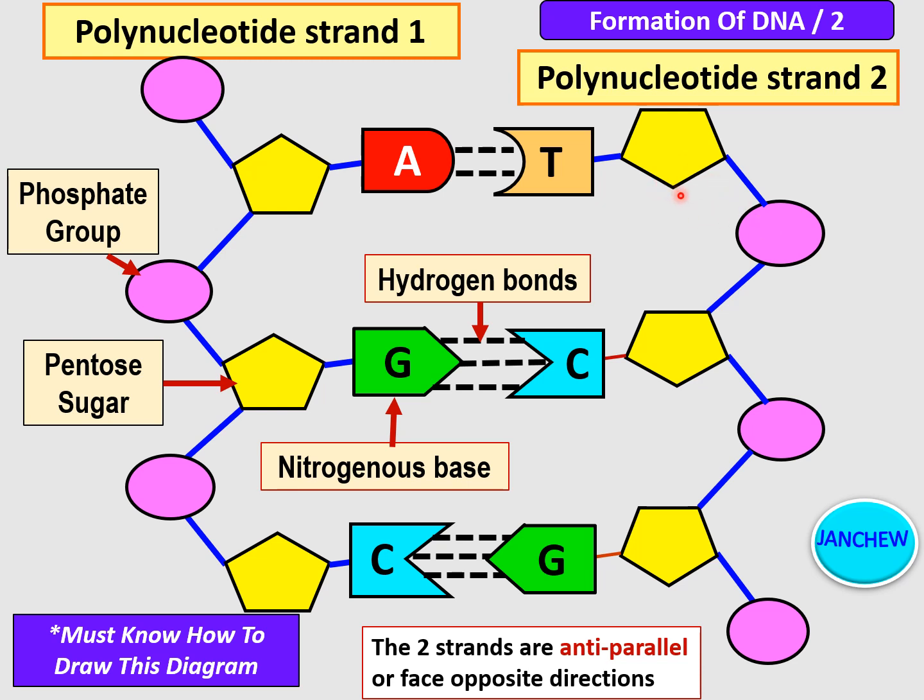Notice that the pentose sugar is pointing downwards on this side. The pointed end is pointing downwards, but for this side is pointing upwards. So we say that the two strands are parallel, but since one is pointing downwards and the other one pointing upwards, we call them anti-parallel. Okay, the two strands are anti-parallel. That means they run in opposite directions to each other.